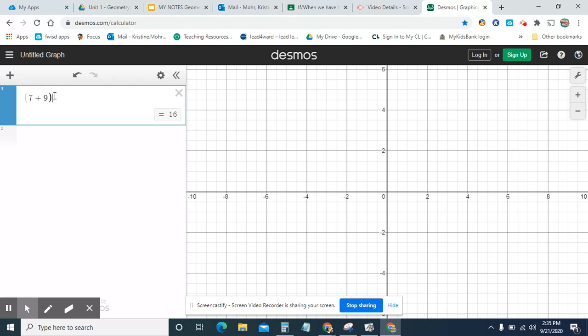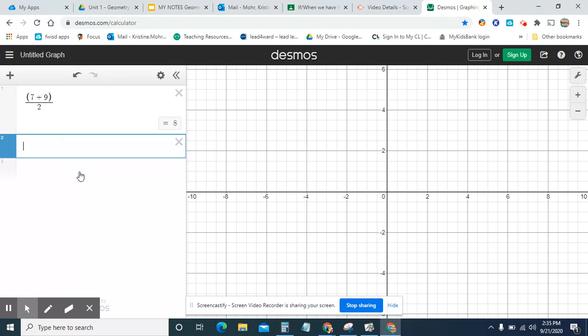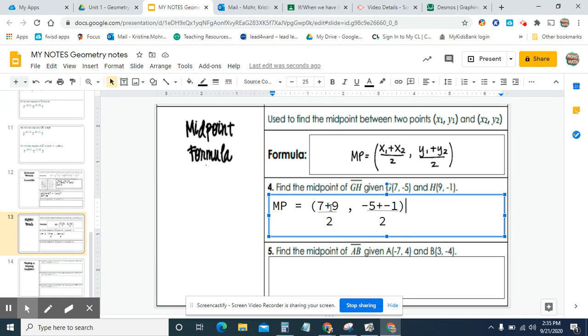Otherwise, it won't know you want to divide all of it by 2. Because see, if I just did 7 plus 9 and then hit divide by 2, it gives you a completely different answer. So make sure you put 7 plus 9 in parentheses and then divide that by 2 so you get the correct answer. So you're basically taking the average, right, of this point.